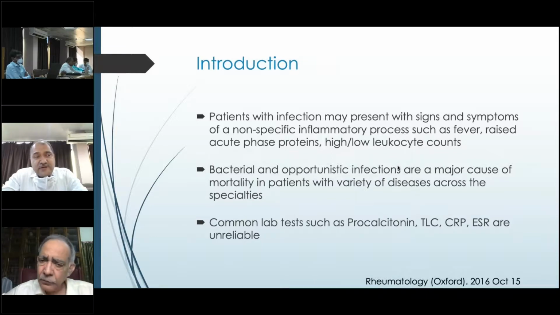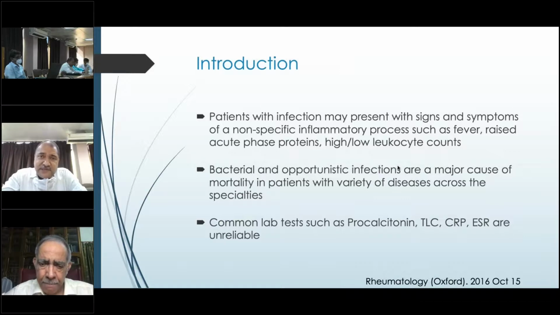So during the course of treatment, when these patients come back to us with fever, we are in a real dilemma whether this patient has developed a relapse of the disease or whether he or she has developed infection because of the immunosuppressive regimen. So we looked at some of the markers which could probably help us in differentiating between infection versus inflammation.